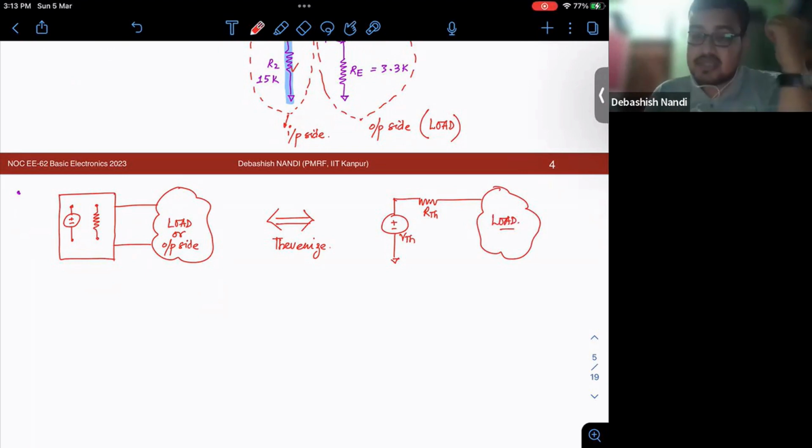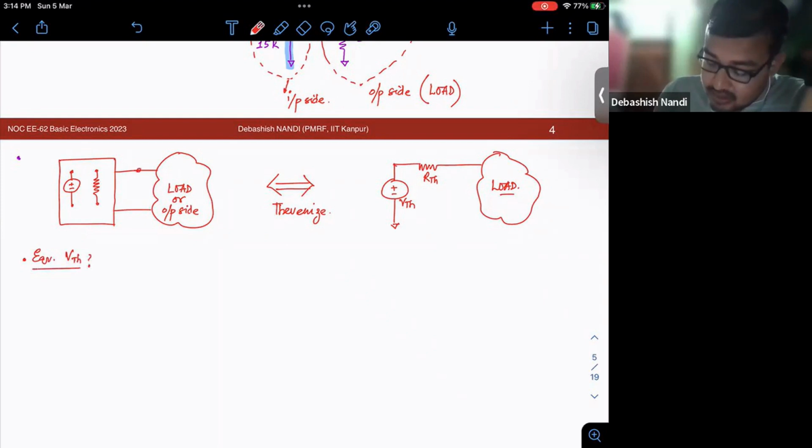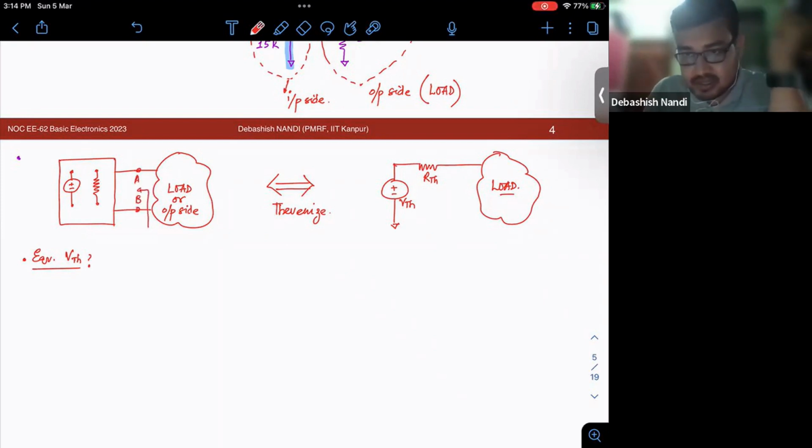I think this is clear to you that this can be treated as a two-port network, and we can find out the equivalent Thevenin voltage and resistance. So how do I find out the equivalent Thevenin voltage? Thevenin voltage is nothing but the open circuited voltage at this terminal, right?